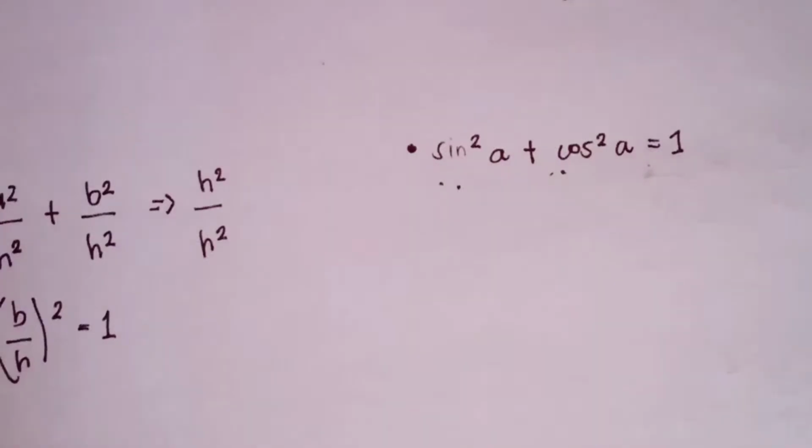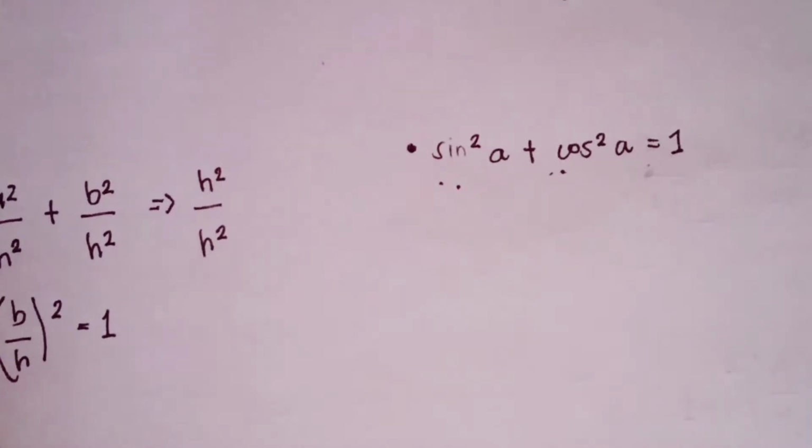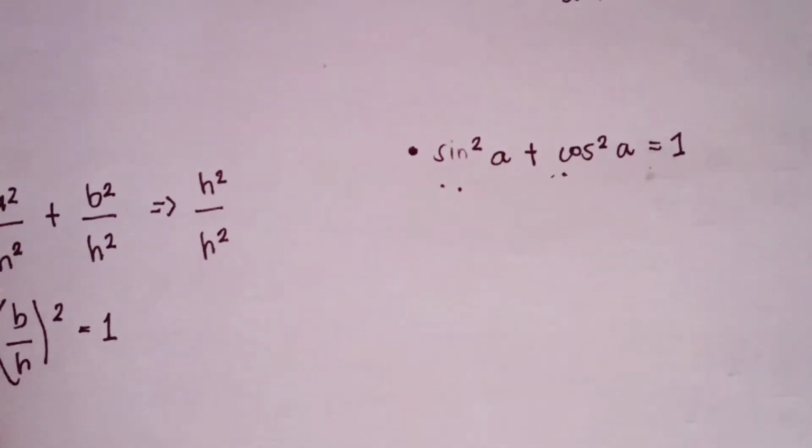Now let's obtain the two other formulas we mentioned at the beginning based on the fundamental formula of trigonometry. To do this, we simply divide all the terms of the fundamental formula by sine squared alpha and by cosine squared alpha respectively. First, let's divide by sine squared alpha.